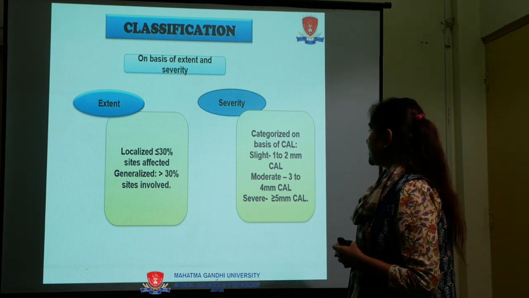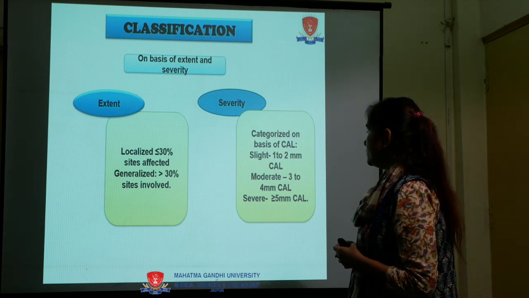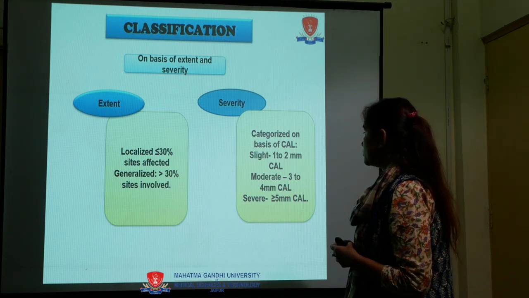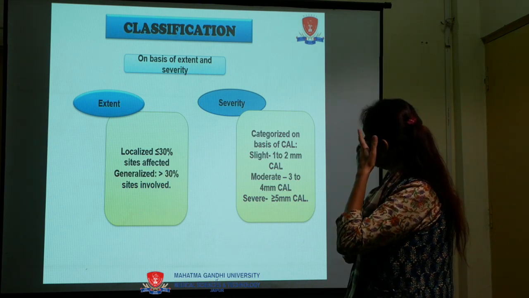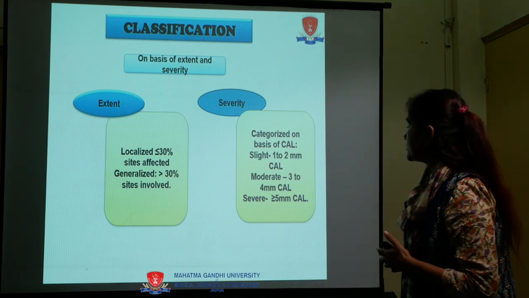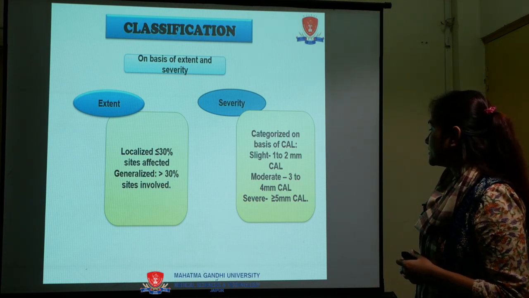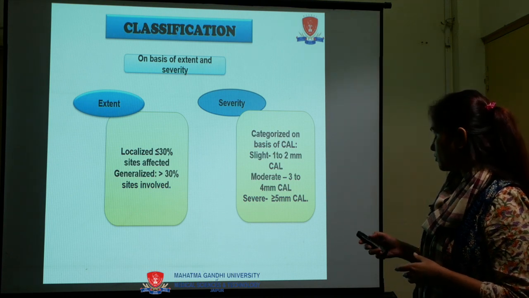On the basis of severity, it is categorized by clinical attachment level: slight when 1 to 2 millimeters of clinical attachment loss is there, moderate when 3 to 4 mm, and severe when more than 5 mm of loss is there.